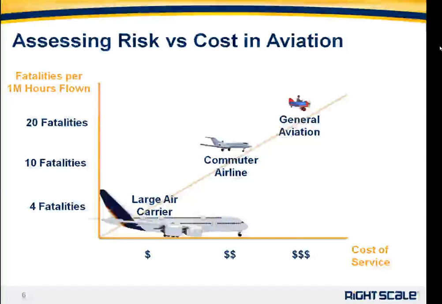I took a look at another site which had some information about different levels of crashes and cost on different types of flying. And it turns out that this set of data, which covered, I think, 5 or 6 years earlier in the 2000s, shows that it's actually safer to fly on large carriers in terms of fatalities per million hours flown than it is on small aircraft, which, by the way, are also more expensive.